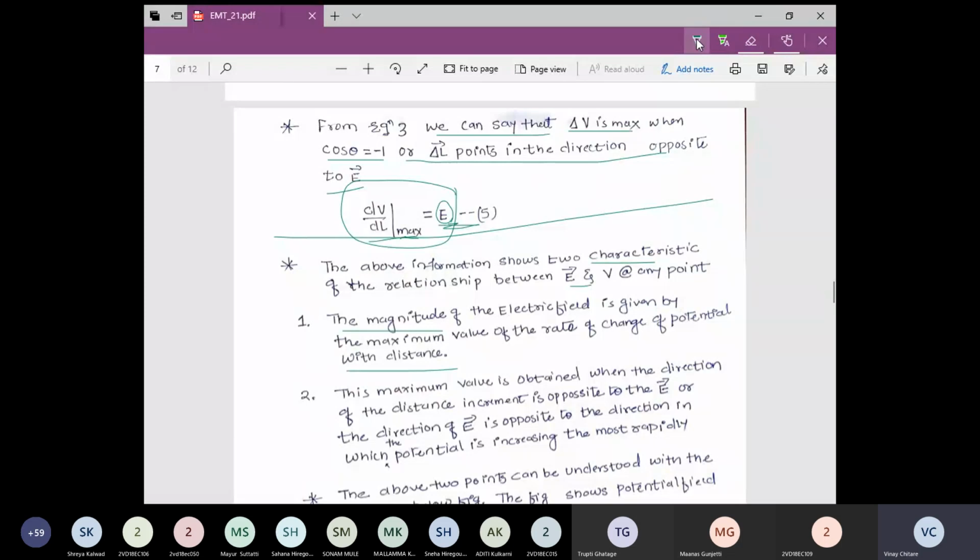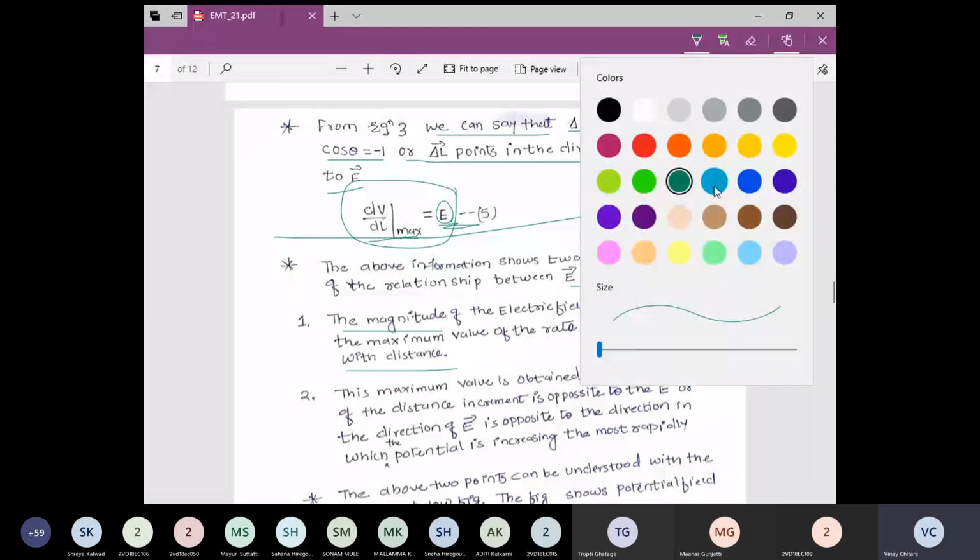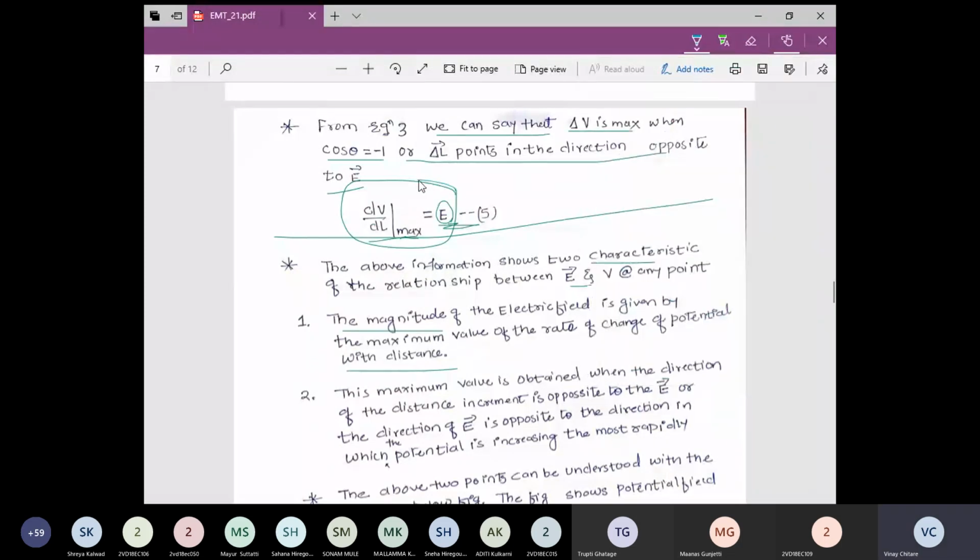I'll try to repeat once again. What does it say? From this relationship, the magnitude of electric field is given by the maximum value of the rate of change of potential with distance. It's a maximum rate of change of potential with respect to the distance. So we got to know the magnitude of the electric field.